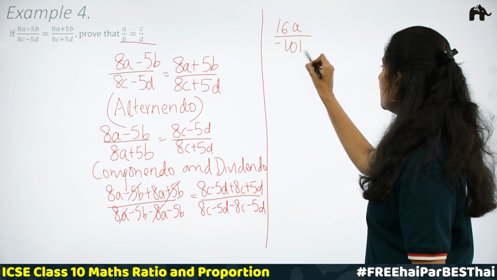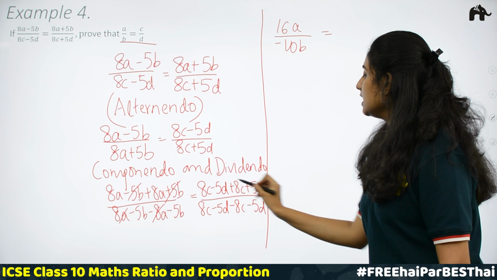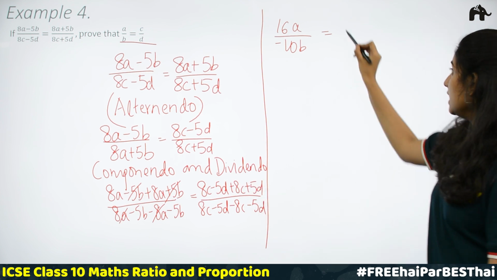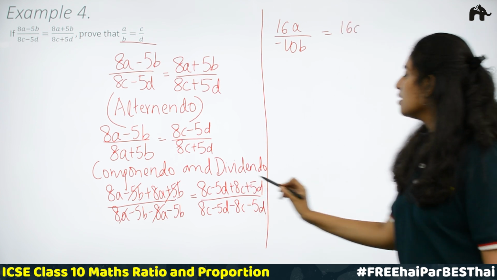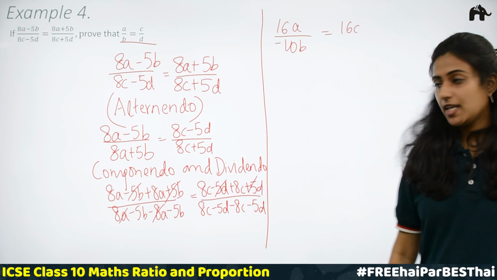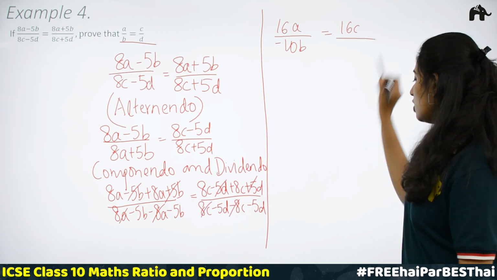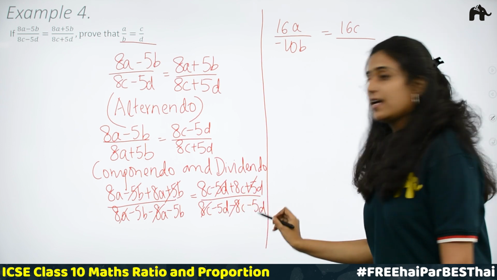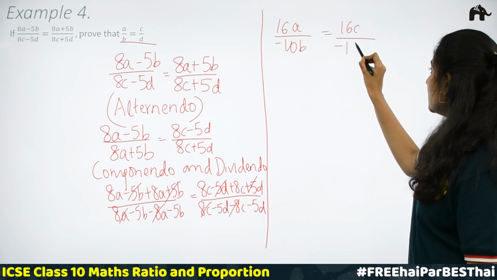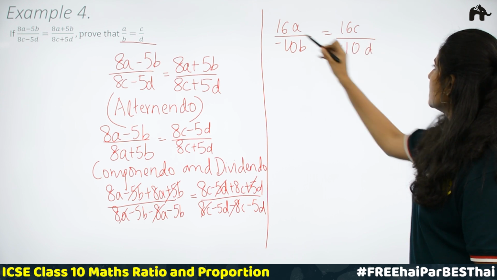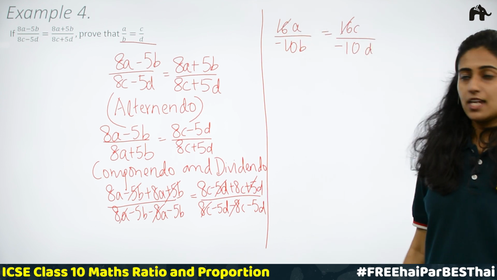Minus 10b is equal to 8c plus 8c is 16c. 16c; minus 5d and plus 5d can be cancelled. 8c and minus 8c can be cancelled from the denominator. We have minus 5d minus 5d, that is minus 10d. 16 can be cancelled.